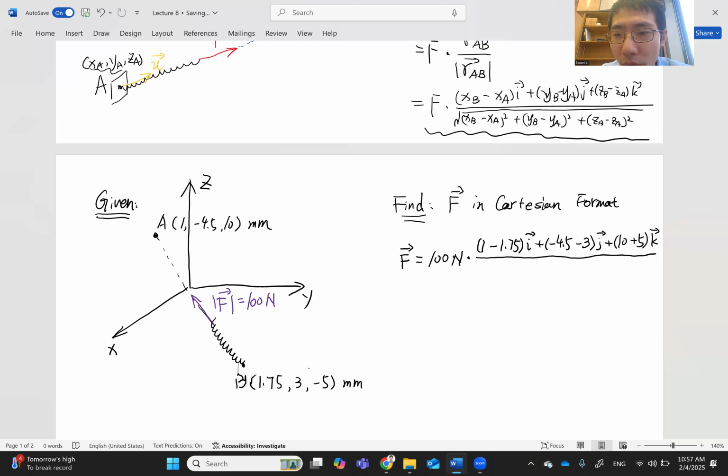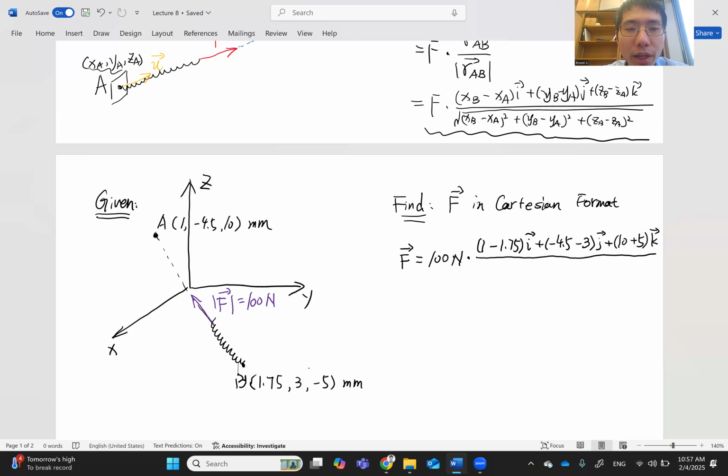So all we have as the numerator is what? It is actually a position vector from B to A. It is also a position vector along the direction of the force, right? Please note that we need to multiply the magnitude with a unit vector along the direction of force.